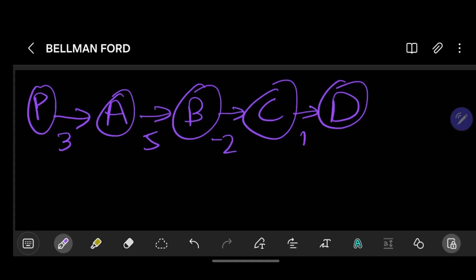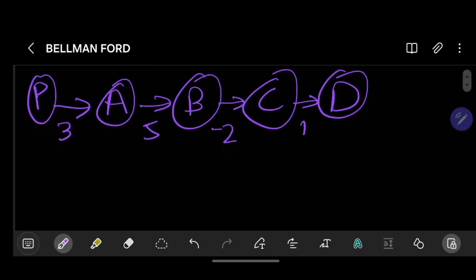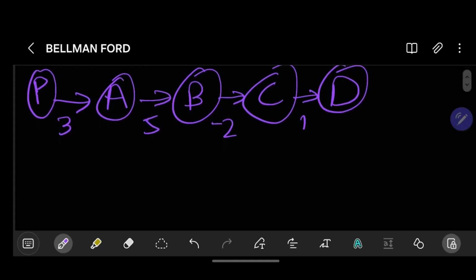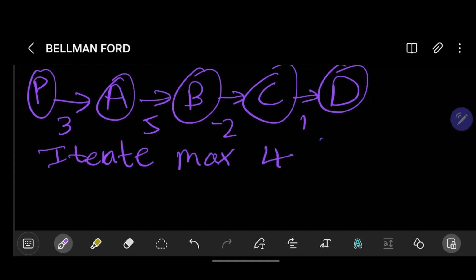Now, like I was saying in the steps, we need to find the shortest path, maybe from B to D, but we need to emphasize that we, in this case, will iterate a maximum of 4 times.